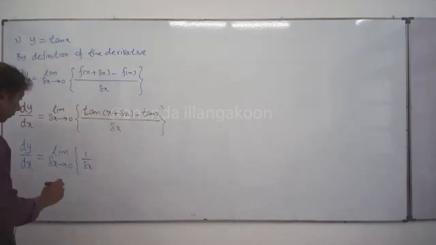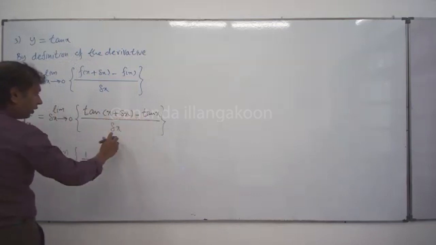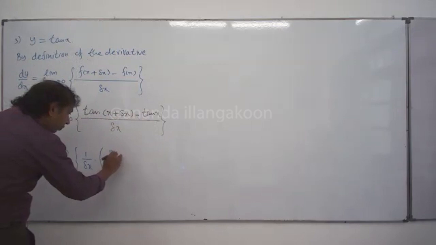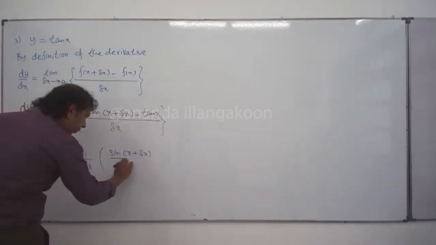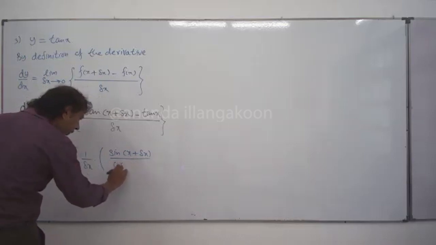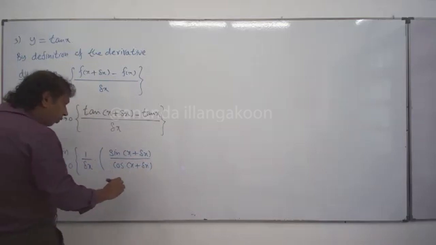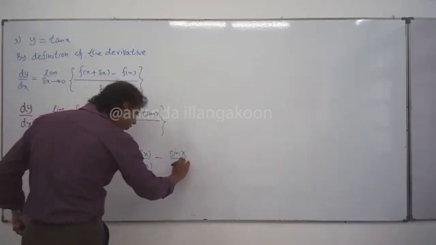That's true, no? Right. So then we have here tan of x plus delta x minus tan x. Now this tan we write as sin by cos: sin of x plus delta x divided by cos of x plus delta x, minus tan x, we can write as sin x divided by cos x.